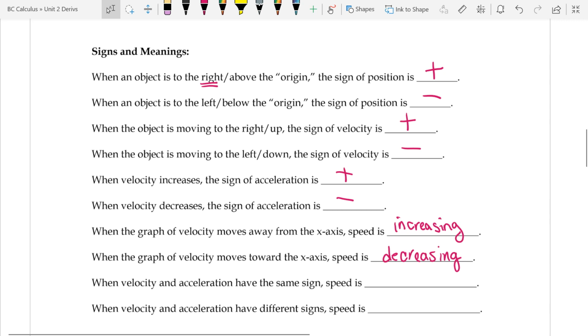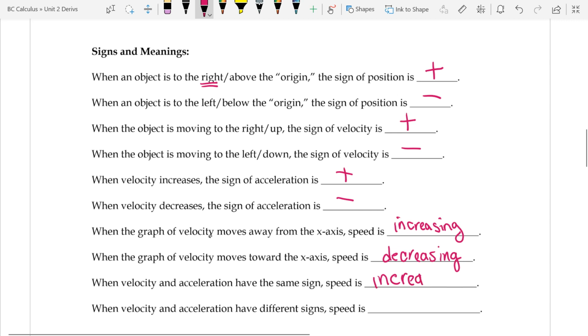Okay, now, when velocity and acceleration have the same sign, that might mean that I have positive velocity, I'm moving upward, and my velocity is increasing, so I'm moving upward and increasing, which means that my speed is increasing.